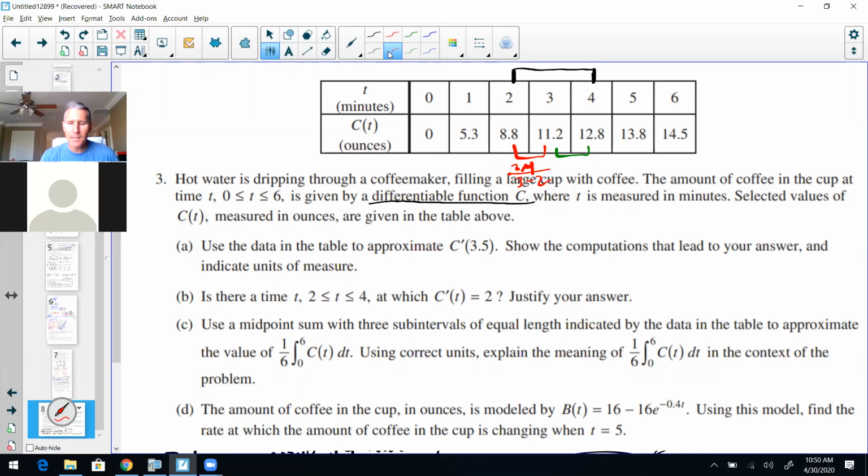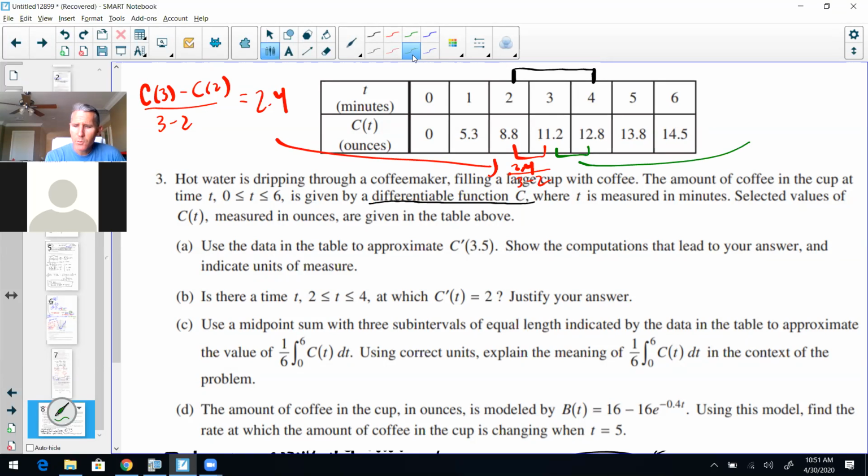I'm taking C of 3 minus C of 2 over 3 minus 2, which is equal to 2.4. What does that represent? The average rate of change on the interval. Yeah, so that's the average rate that coffee is filling up the cup on the interval from 2 to 3.